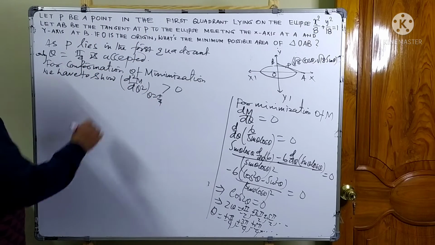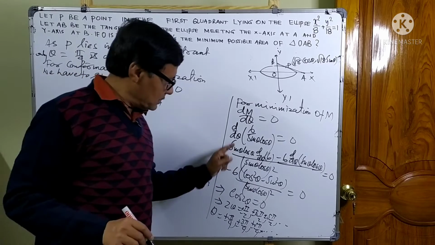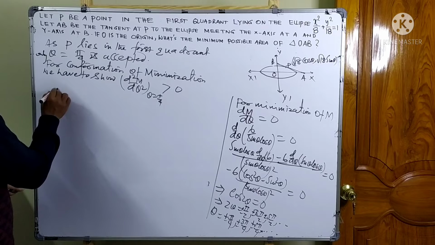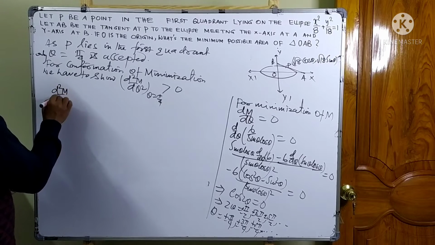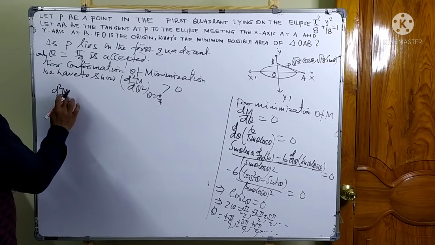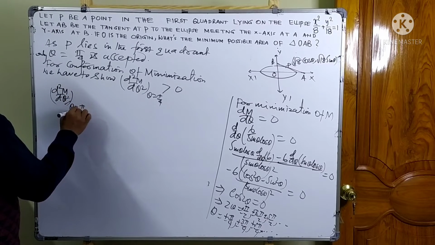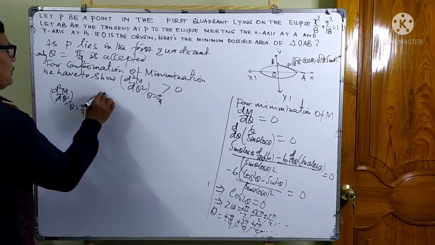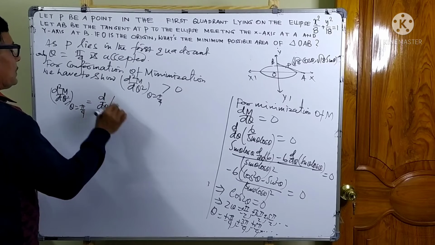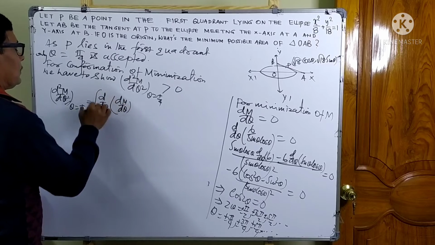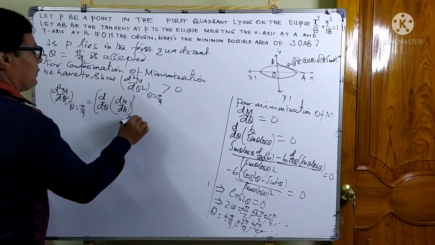So we have to further differentiate dM d theta. So d2M d theta 2 at theta equal to pi by 4 is further differentiation of dM d theta at theta equal to pi by 4.